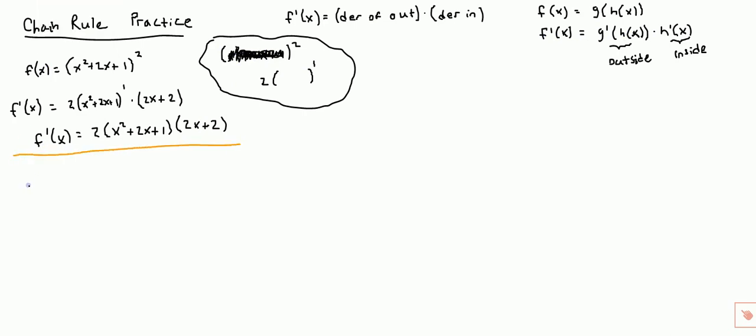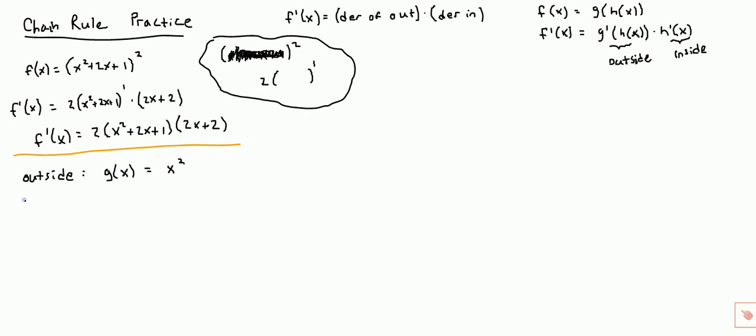So the first step would be to identify the outside and the inside. Okay, so the outside we're going to call g of x. What is the outside function? It's x squared.